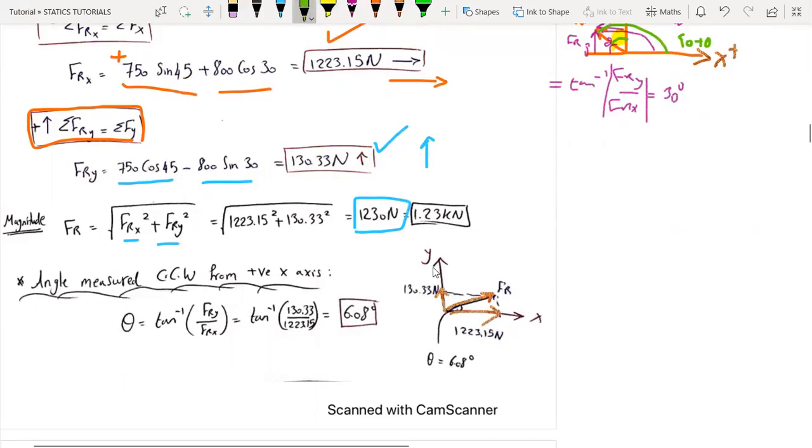So if we say here is the angle theta, it is tan inverse of FRY over FRX. So 130.33 over 1223.15, and we will get the angle to be 6.08 degrees.